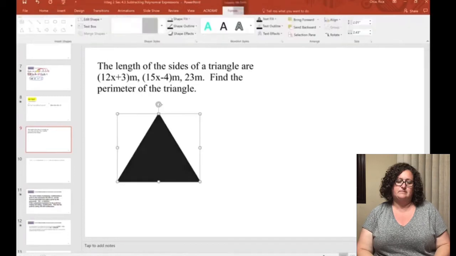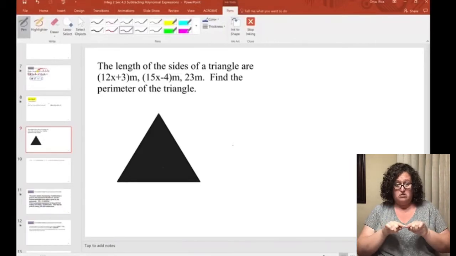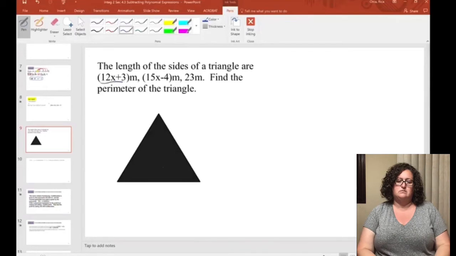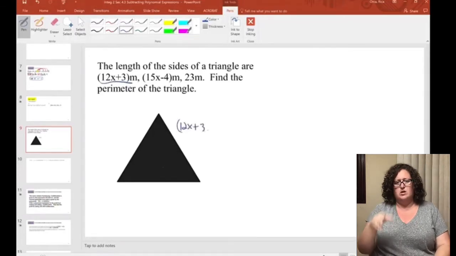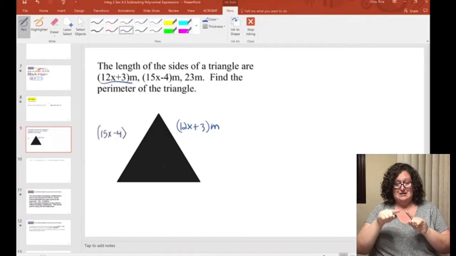Here it is. So I have my triangle, and now I'm just going to label the sides. So one side is 12x plus 3 meters. The length of the second side is 15x minus 4 meters.